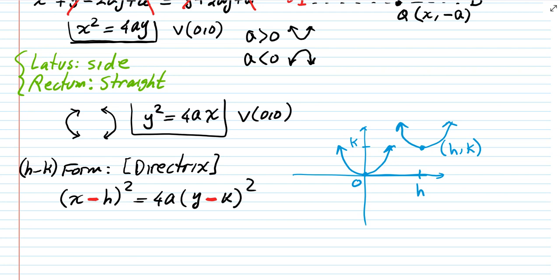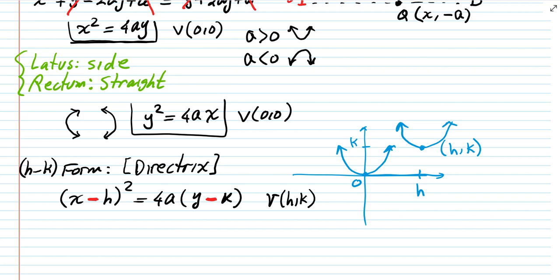And h and k are exactly like before. The vertex is at h, k. Oh, sorry, there's no square on that. And there you have it. That would be the directrix form for parabolas whose vertex is not necessarily at 0, 0.